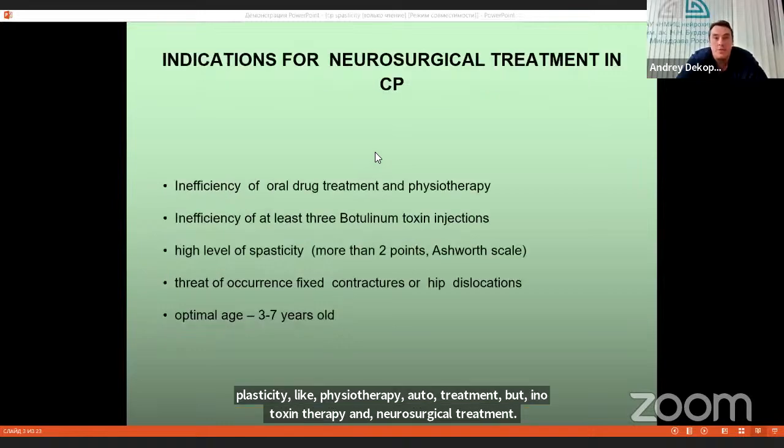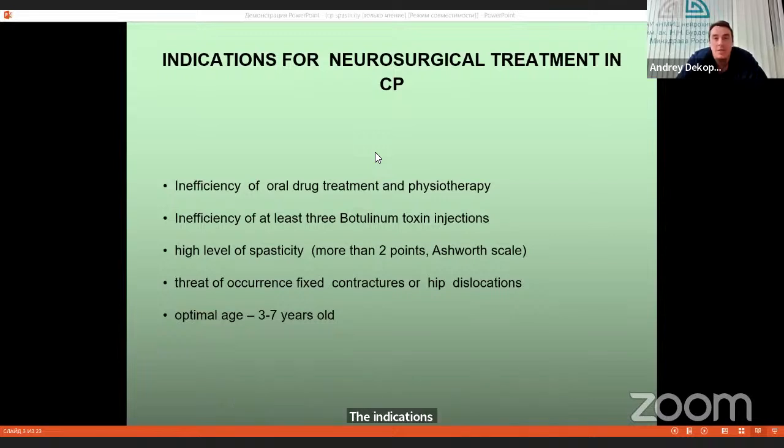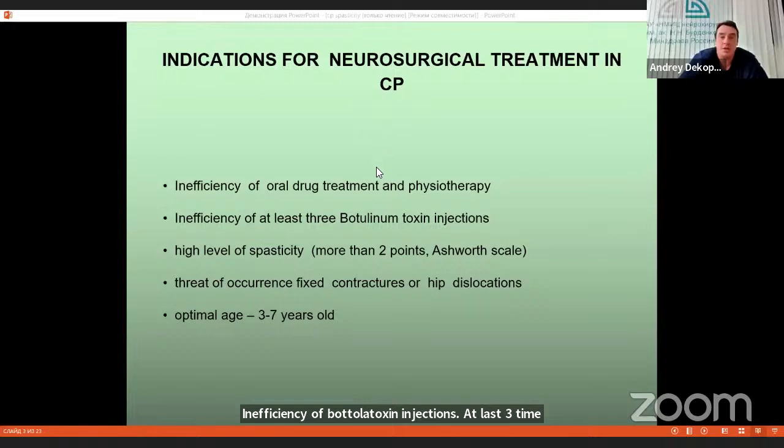The indications for neurosurgical treatment in CP spasticity are inefficiency of oral drug treatment, inefficiency of botulinum toxin injections at least 3 times, high level of spasticity, threat of occurrence of fixed contractures, and the optimal age for surgery is from 3 till 7 years old.